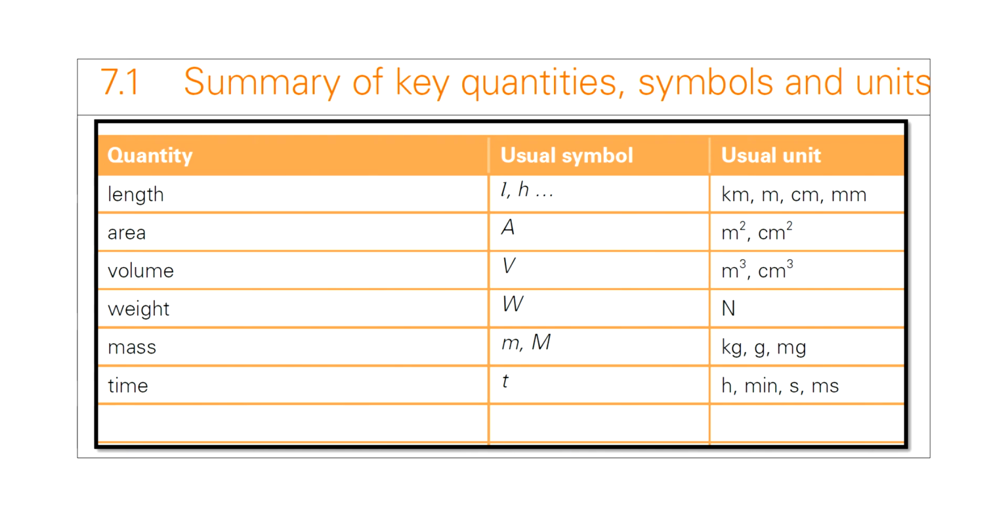So first quantity, that is physical quantity, which needs to be measured accurately, is length. This length is a quantity which is having so many symbols. Length L, length can be considered as height H, length can be considered as width W, length can be considered as radius R, length can be considered as diameter D. So it can have so many symbols, but length is always measured in these usual units: kilometer, meter, centimeter and millimeter.